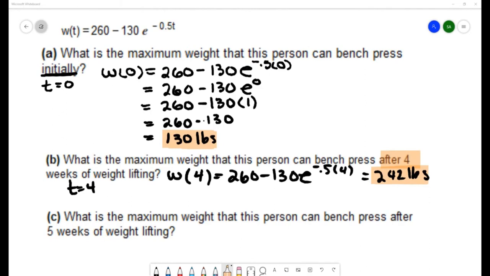I thought I'd take a second here to talk about this e that you see in the formula for the maximum weight we can lift. This e is not a variable, it's a constant. e is approximately 2.718.